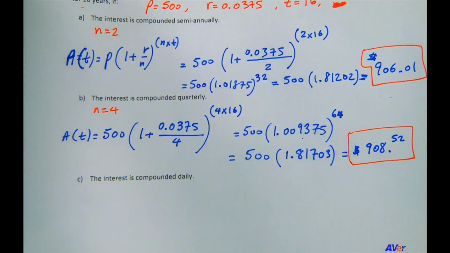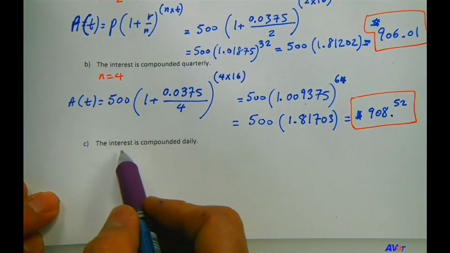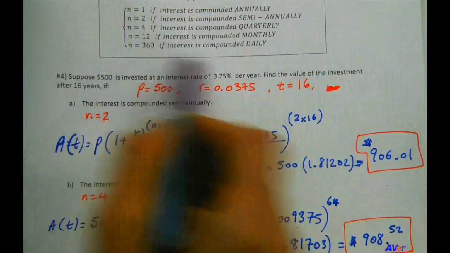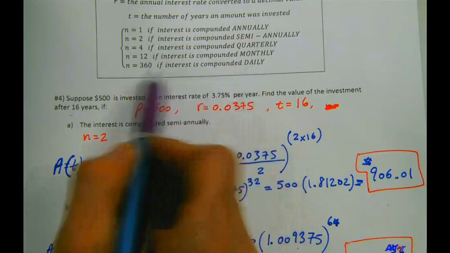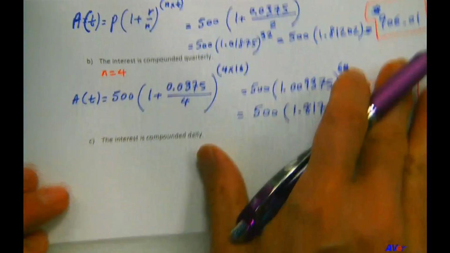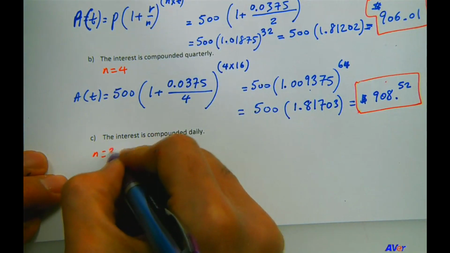Okay, part C says, what about if the interest was compounded daily? Okay, so when interest is compounded daily, the N is 360, right? So let's redo this calculation with N equals 360.